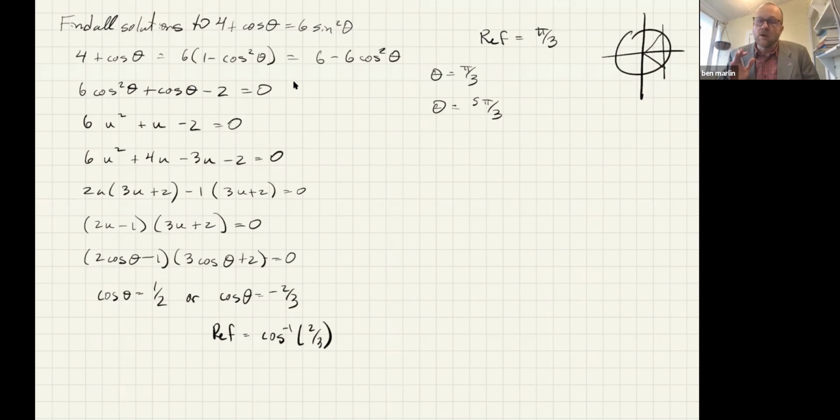And that's because I want a reference angle. All right. So reference angles are always going to be an acute angle, and they're always going to be positive. So we're always trying to take the sine, cosine, tangent, whatever it is, of a positive thing to get a reference angle. So what is the inverse cosine of 2/3?